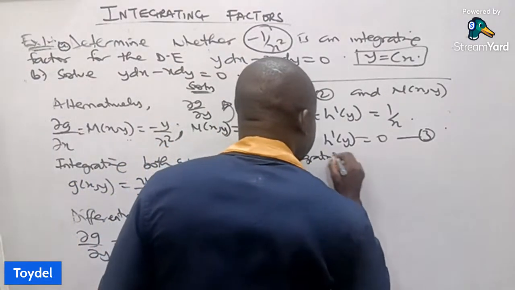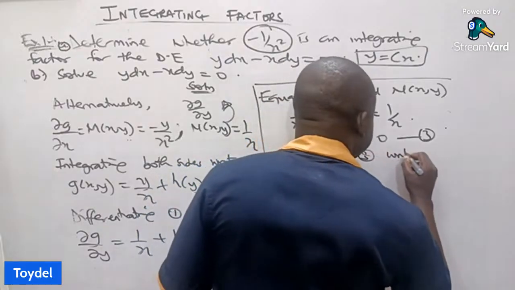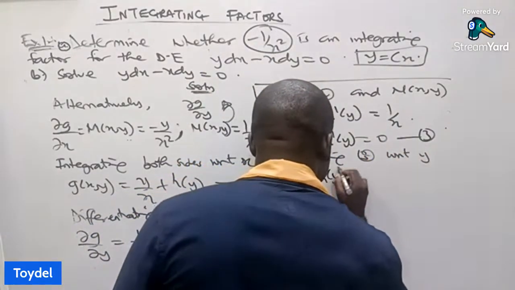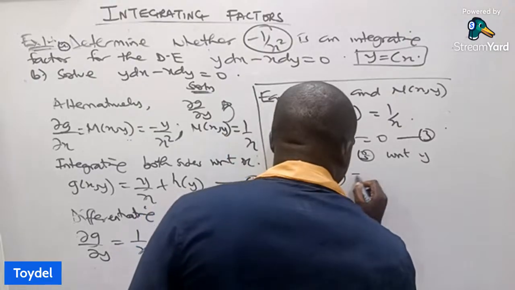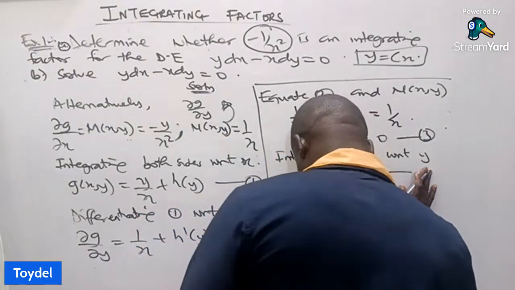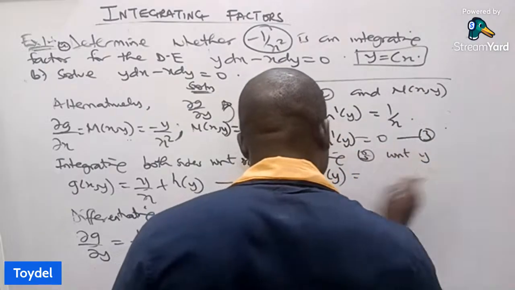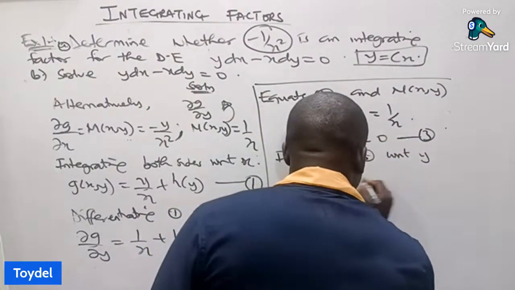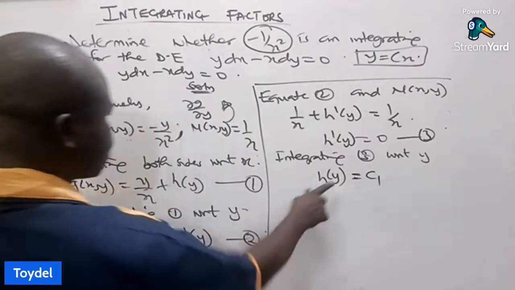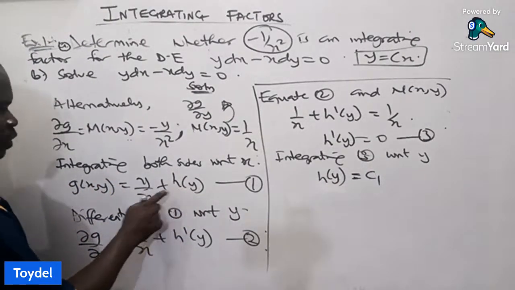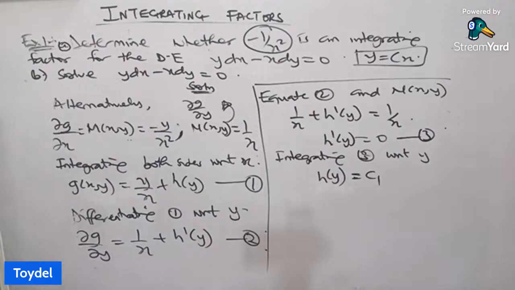When we integrate, h of y is equal to C1. Then if we substitute h of y back into equation 1, what are we going to get?